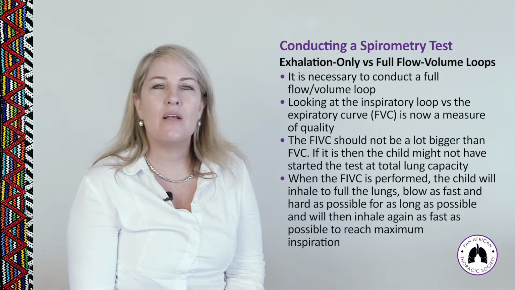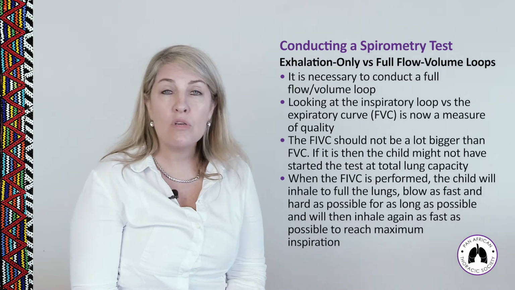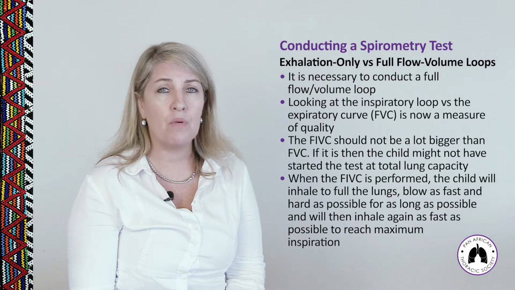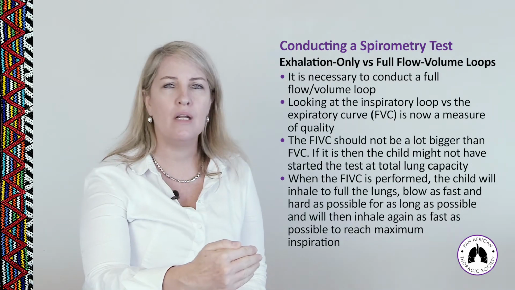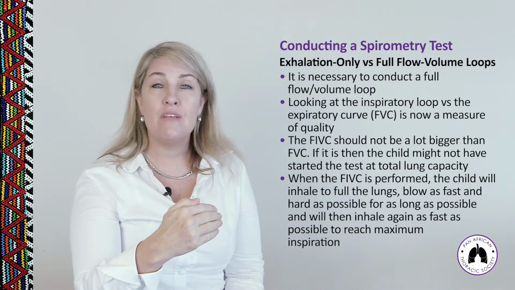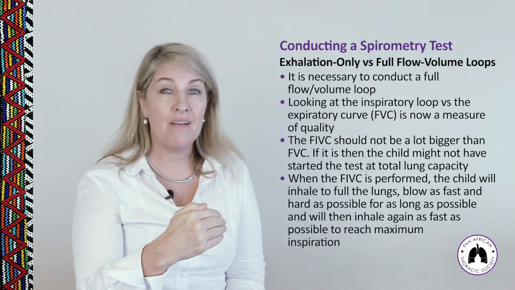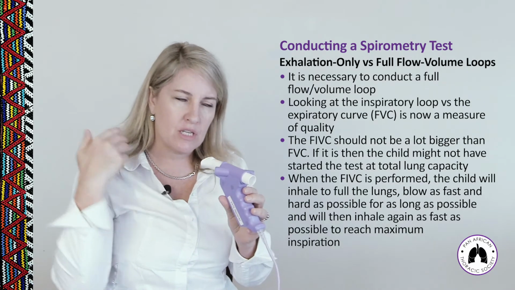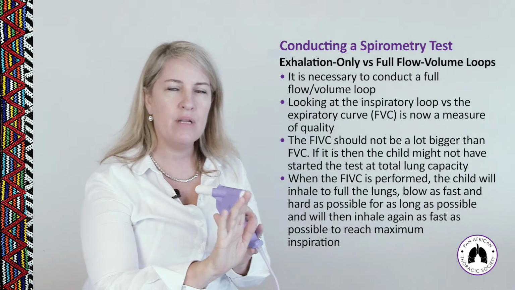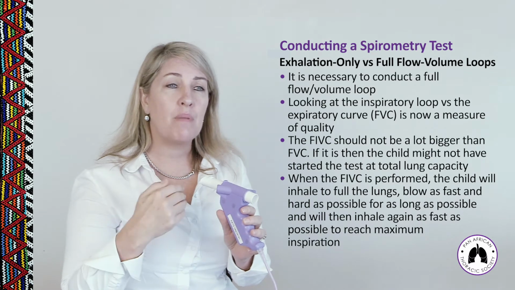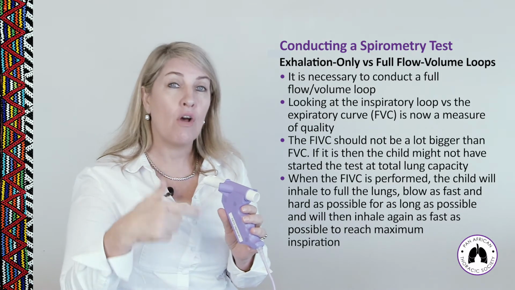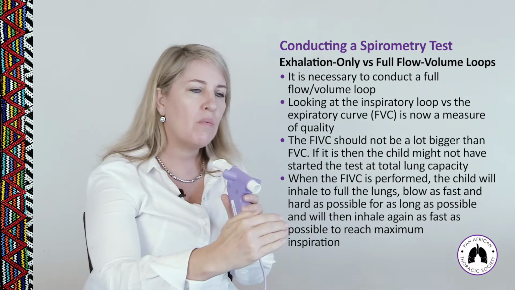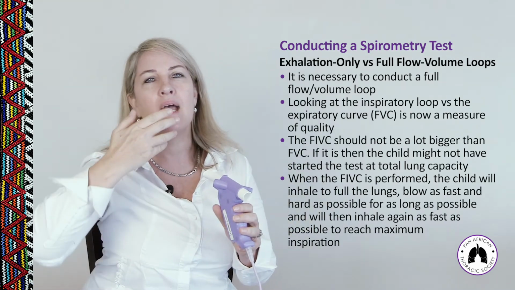Now let's just say a quick word on the forced vital capacity maneuver, which is just the expiratory portion, and doing the FVC and the FIVC, the forced inspiratory vital capacity. The forced expiratory is just blowing out and stopping at that point, and the forced inspiratory capacity is the full flow volume graph where you blow all the way out and then you breathe all the way in again.